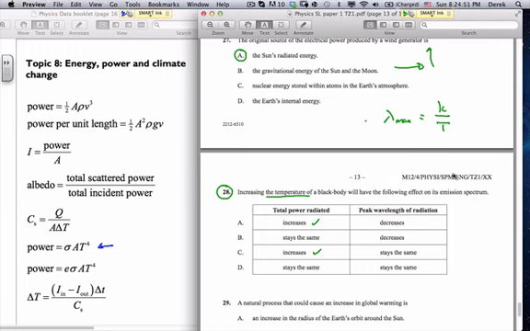As your temperature increases, your lambda max must become smaller, so it will decrease. A shorter wavelength leads to a higher temperature, so 28A will be correct.